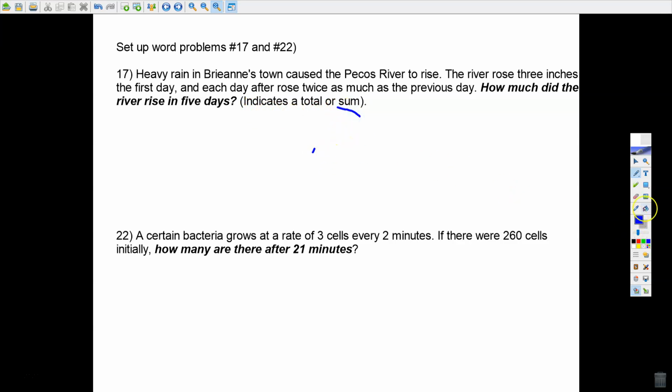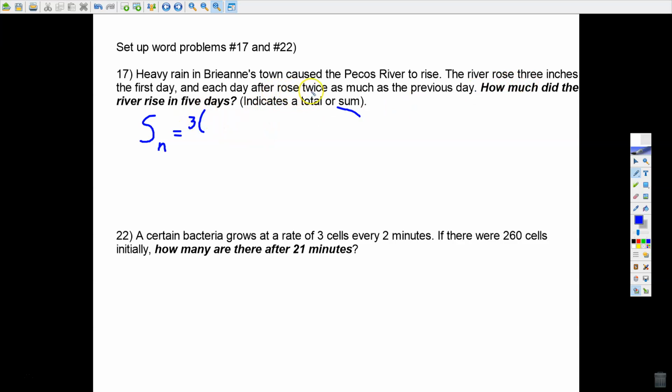So we're looking for a sum of a geometric sequence, which is also known as a series. And so on this problem, you're going to use your sum formula. Let's just go ahead and set this up. We need the first term. It rose 3 inches the first day, so the first term is 3.